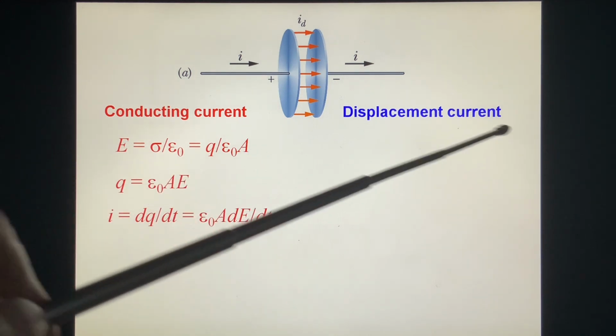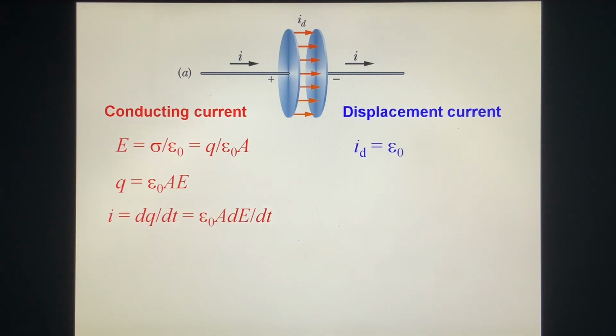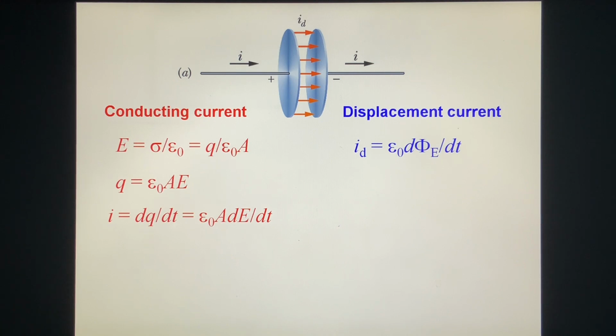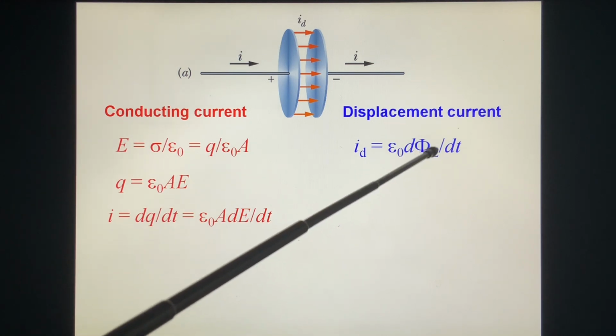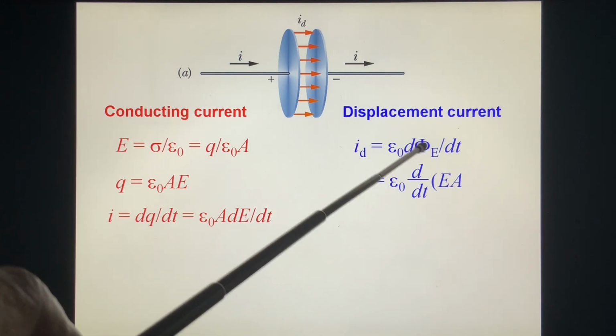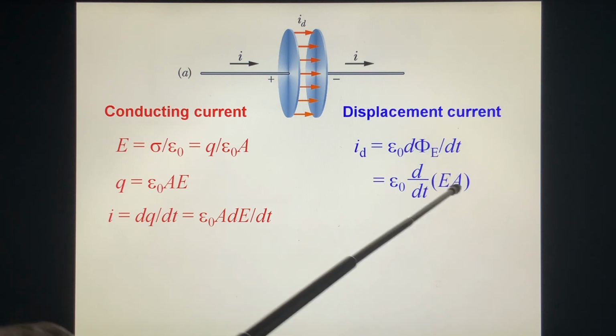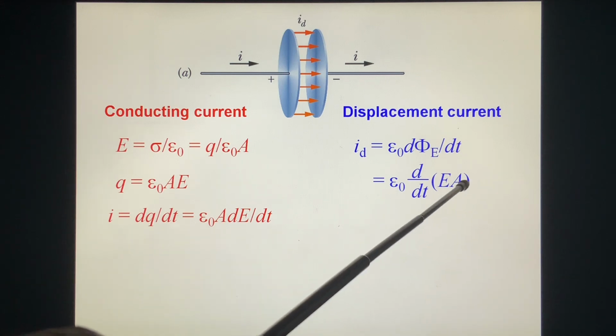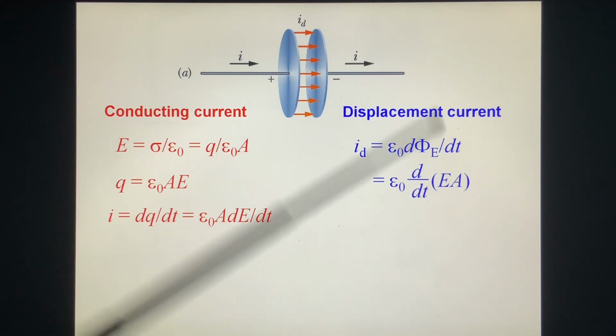And we look at the displacement current. By definition, it is epsilon 0 d phi E dt. And what is phi E? Phi E is EA, E uniform times A. The A has nothing to do with t, so take it out.